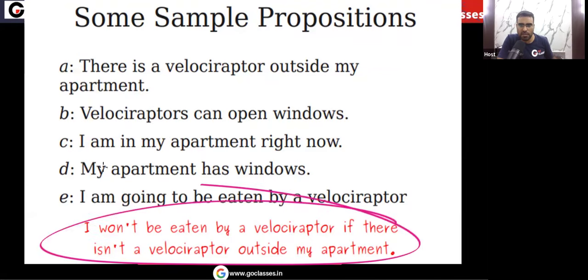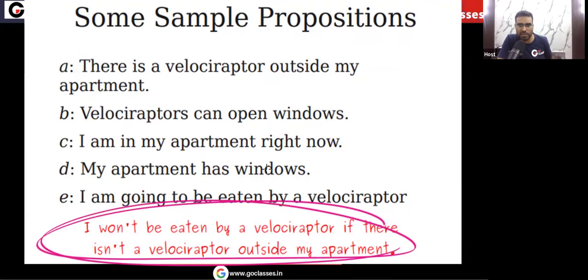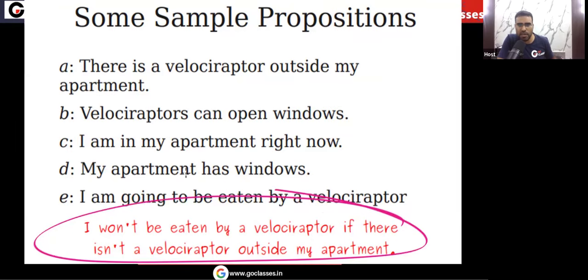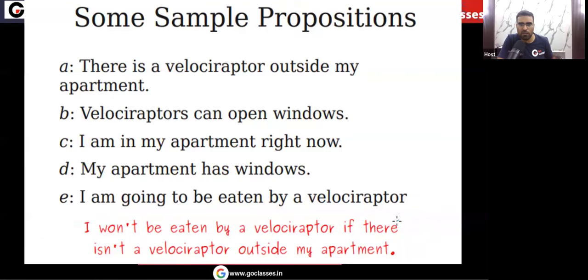Now let's write the expression for this statement. How can you convert this English statement into propositional logic? What will be the propositional logic formula for it? Notice what the question is asking. First of all, I won't be eaten by a velociraptor. What is this?